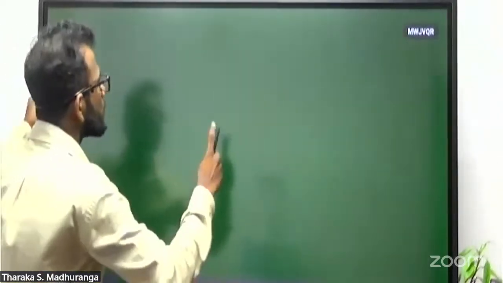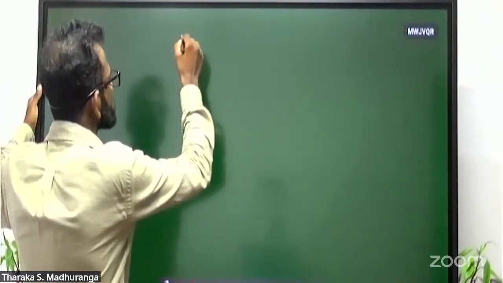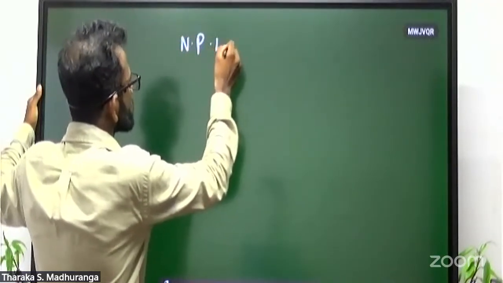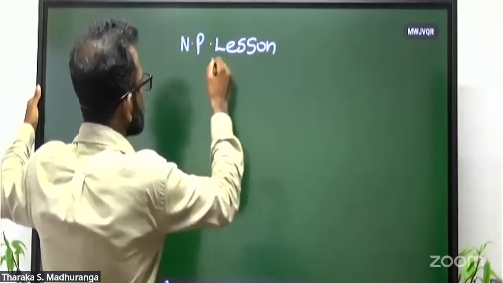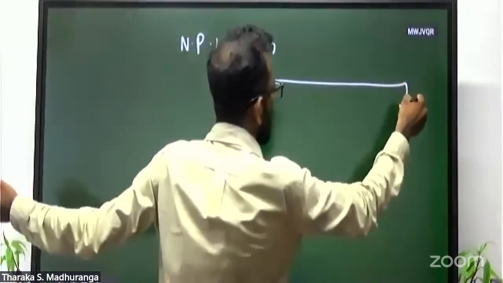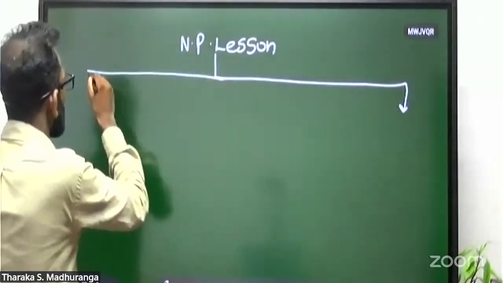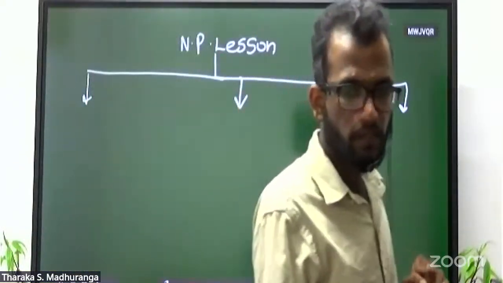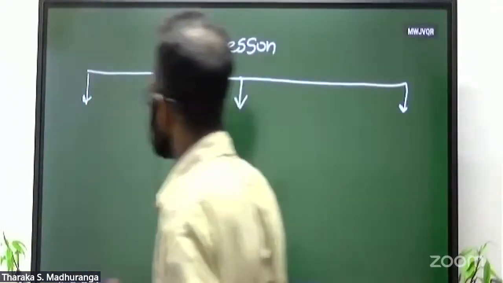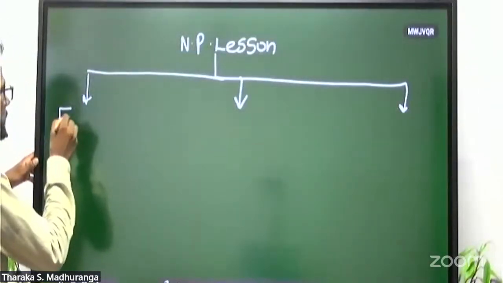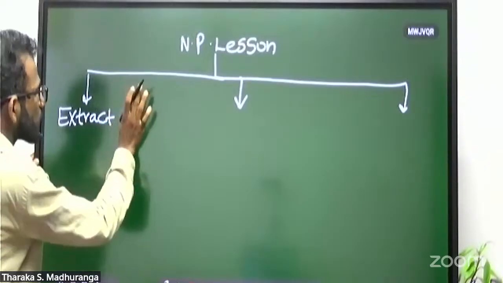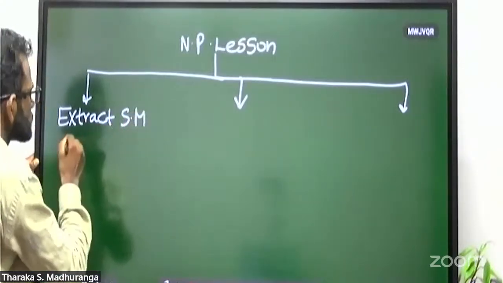In this natural product lesson we mainly discuss three parts. The first one is extracting secondary metabolites from plant material.